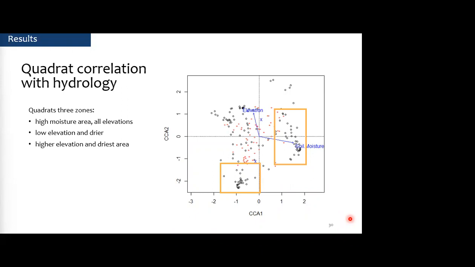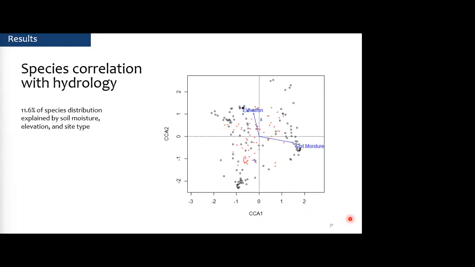In this lower elevation, drier area, there's another cluster of quadrats. And then at a higher elevation and drier area, there's another cluster. However, the species don't cluster quite as cleanly, and the hydrology measurements only explain about 11.6% of species distribution.